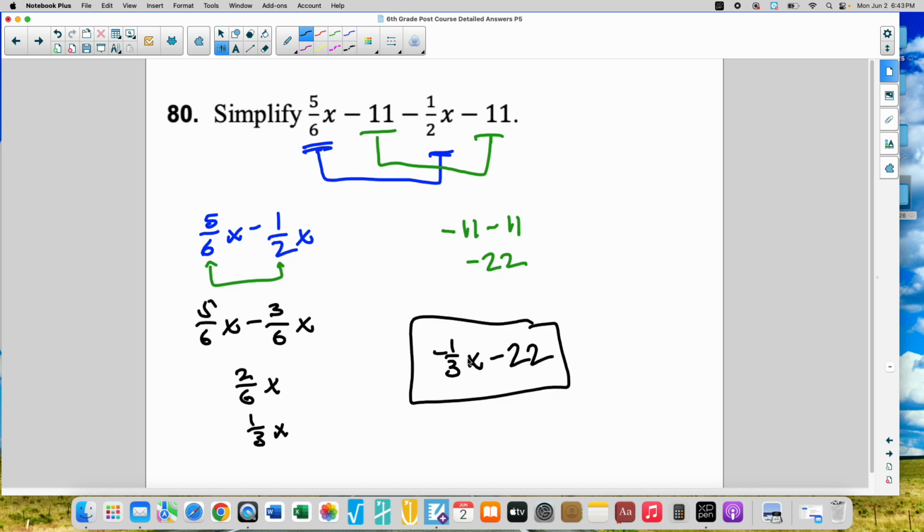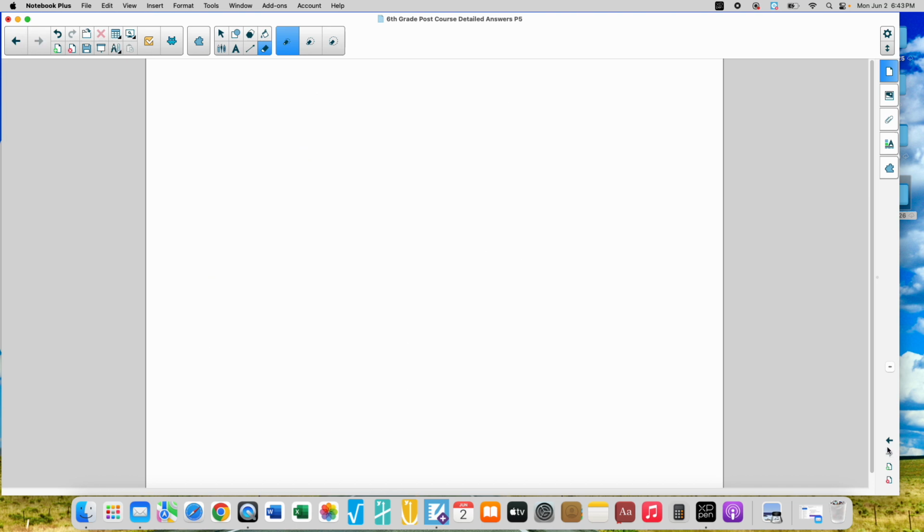I can't add these. These are unlike terms. This is a variable. This is a constant. Positive 1/3, Mr. Mac. I don't know why I got that negative. That's positive. Minus 22. Better. Made a mistake. But we came to the end.